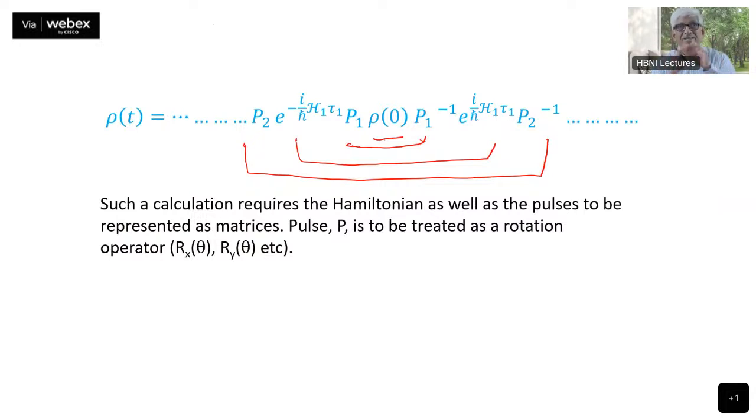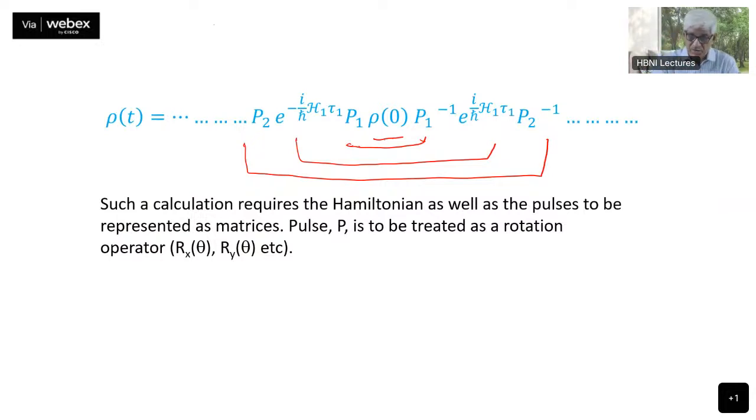So keep evolving in this manner. You keep calculating this evolution of the density operator, and at the end, before detection, you have the density operator, and you take the trace with that density operator to see what you are actually measuring. So this is the scheme for generally calculating the density matrix through the course of the pulse sequence.